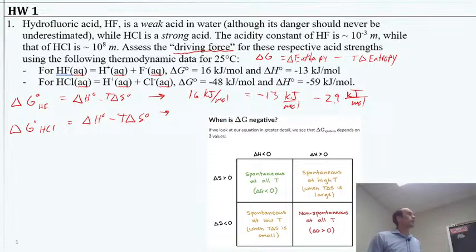But there's some resistance here based on the entropy term. Now, if we change the temperature, that might change the equation. 13 minus 29 is definitely not 16. Minus a negative, so plus 29.